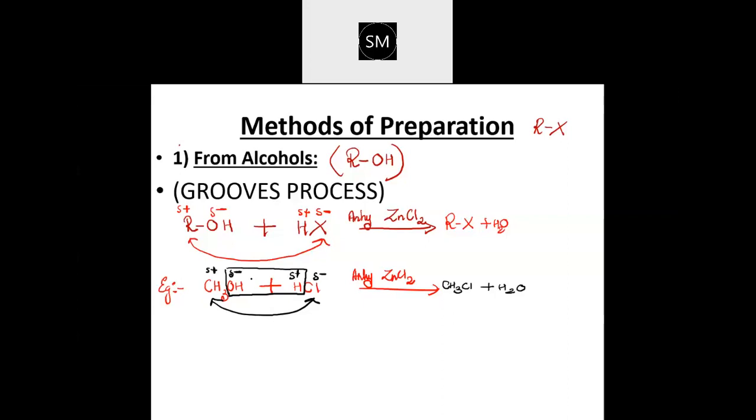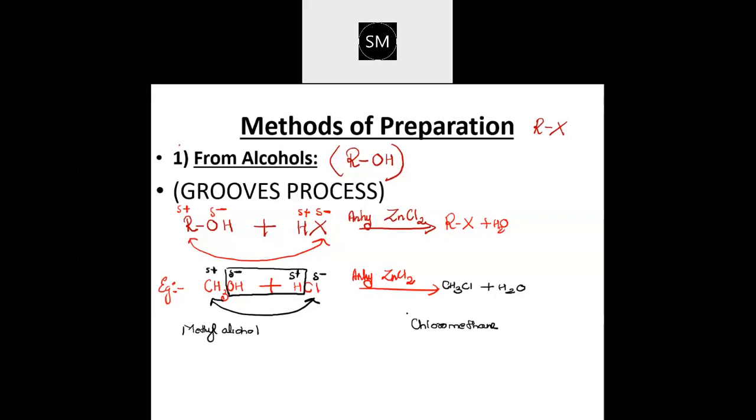Done, no? Now give the name, students. What is the name of this? CH3OH is methyl alcohol. And the product formed over here, CH3Cl, that's chloromethane, correct? Methyl chloride is a common name.